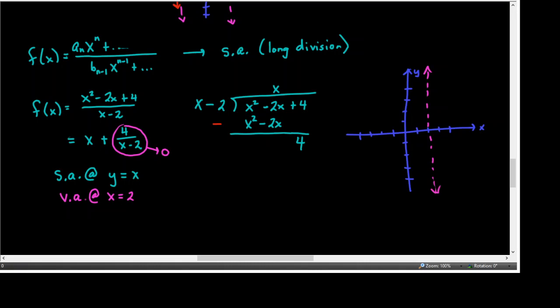We're going to have a slant asymptote at y equals x. And we haven't done the full analysis of this one, so I'm not too worried about perfection here. But I think I will find what the value of this is when x is 0. So if there's a y-intercept, I'll find it. 0 minus 0 plus 4, so 4 over negative 2 is negative 2. So it does have a y-intercept of negative 2.